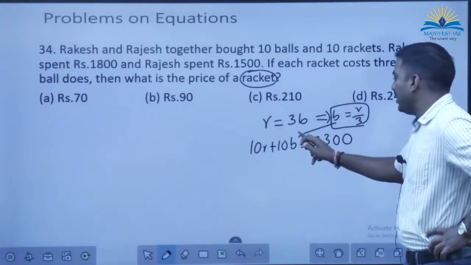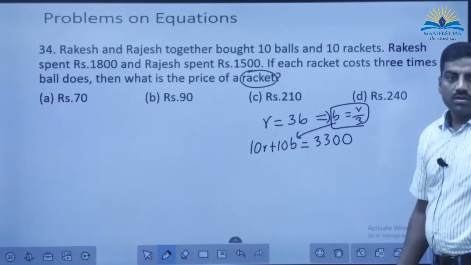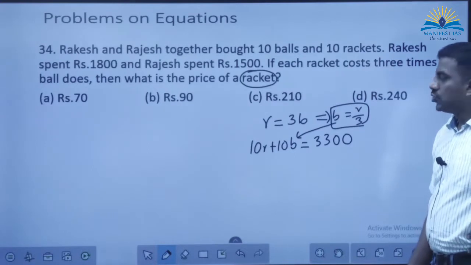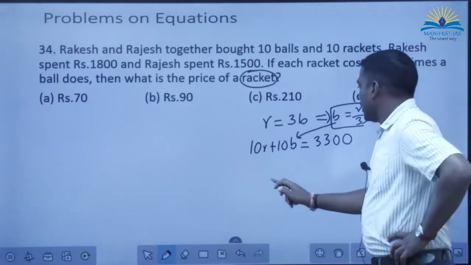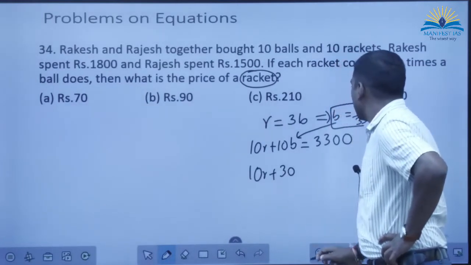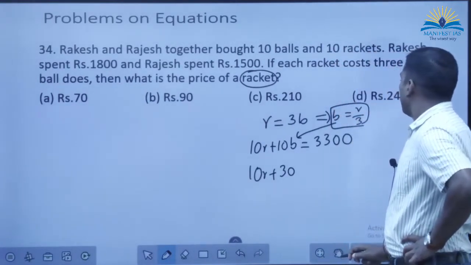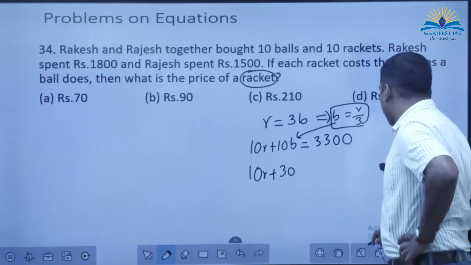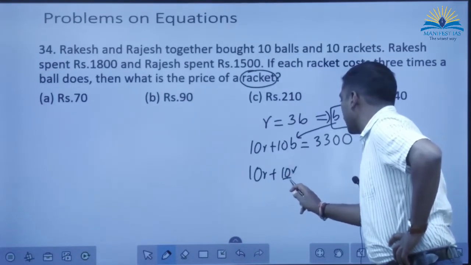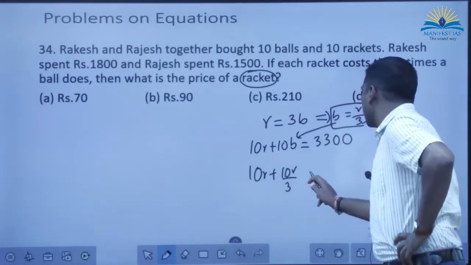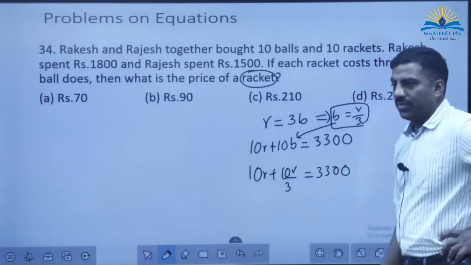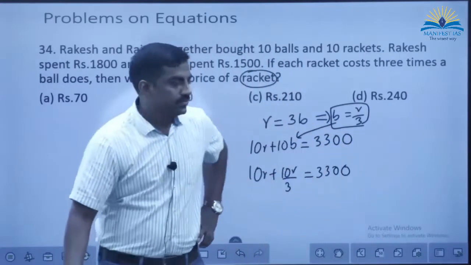Substitute this value of B. Yes. So what do we get? 10R plus 10R by 3 is equal to 3,300. Solve the equation.